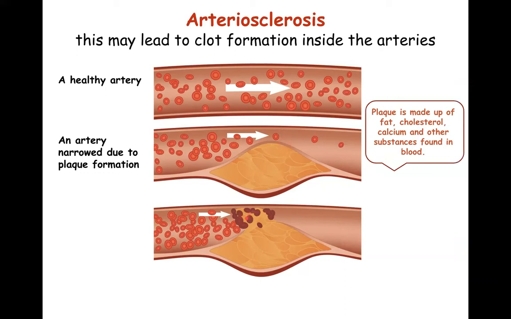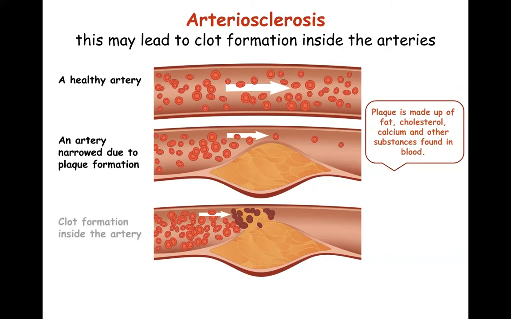In exerting that pressure, the blood vessel may be damaged, the plaque may ooze out, and there may be injury to the platelets. So the platelets may become activated, and on activation, they may lead to formation of a clot at the site where the plaque has oozed out or where the opening had become too narrow for the blood to pass through. So there is a formation of a clot inside the artery.